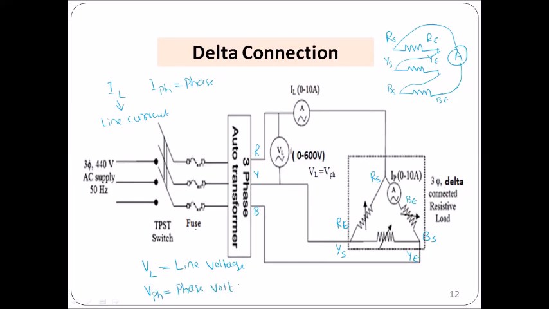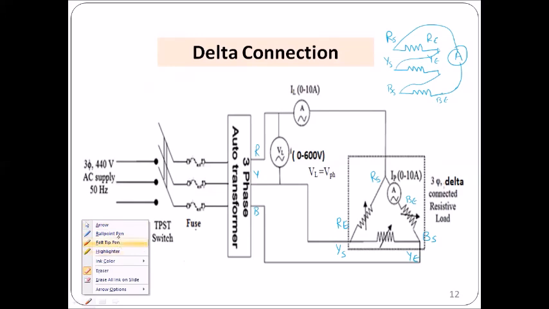That is how we have to read these things. Now, how to conduct the experiment, we shall discuss, but before that, we shall try to know the line and phase current as applicable to the delta connection.